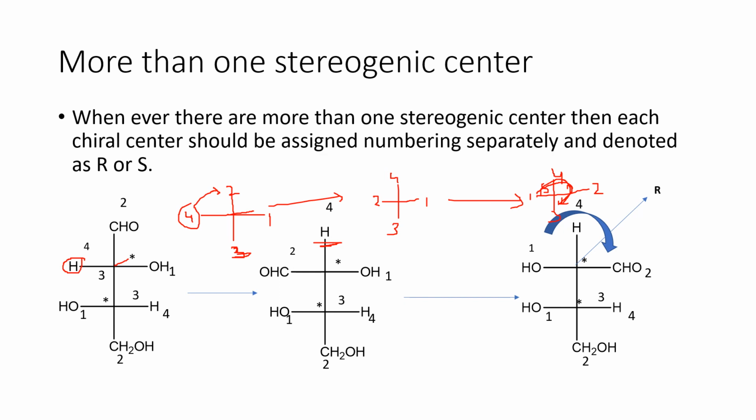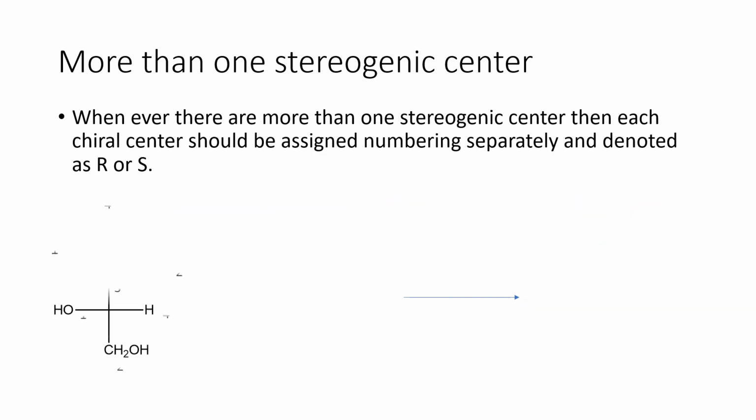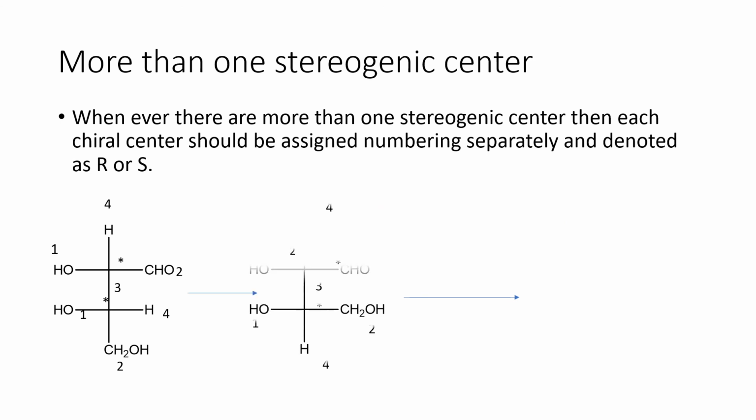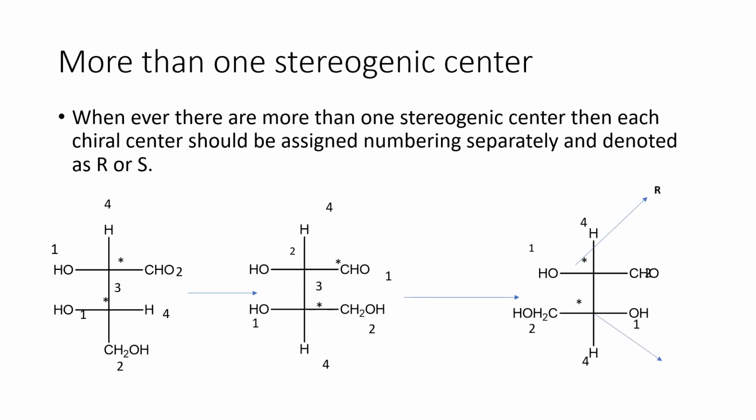In the same way, we can do it for the second stereogenic center also. Again, you interchange the stereogenic center as a molecule like this and assign the order of priority, or otherwise you can draw this as a second stereogenic center also like this, and give the priority orders 4, 2, 1, and 3. Now interchange with this one, again the plus symbol for the Fischer projection.